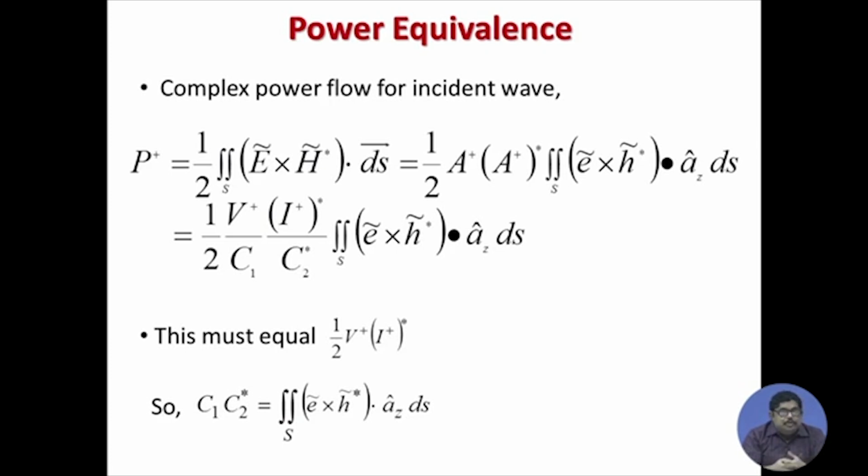So, if we make these two equal, then we get one condition on C1, C2 as shown, that their product is certain things depending on the eigenfunction. So, depending on the wave's modal variation and the geometry of the guide, the right hand side can be evaluated.